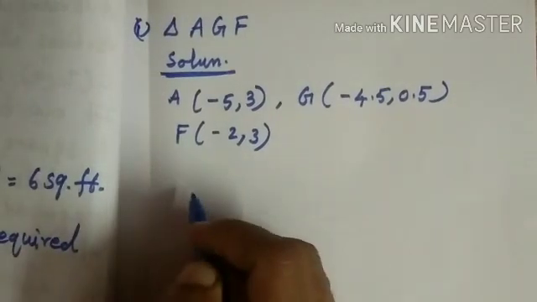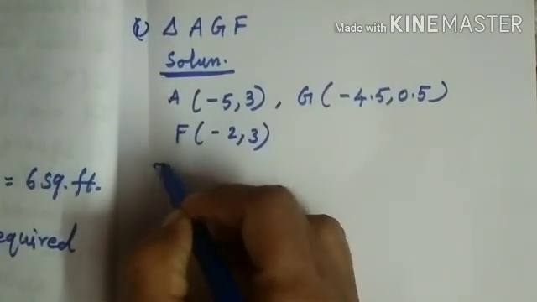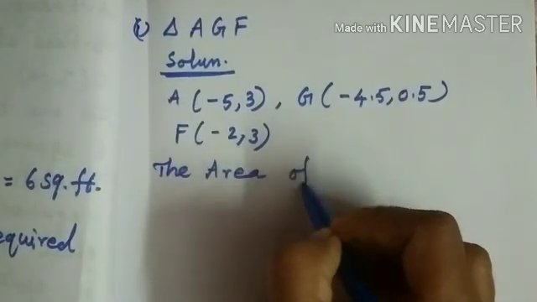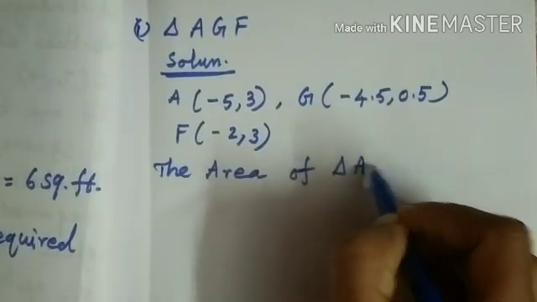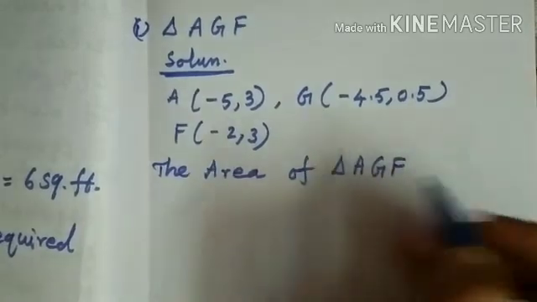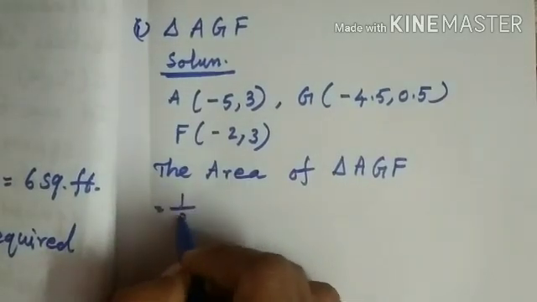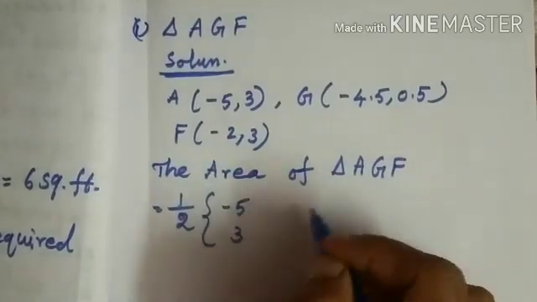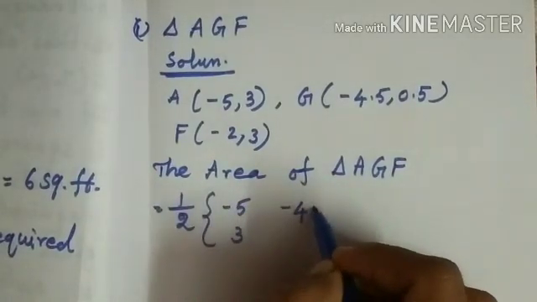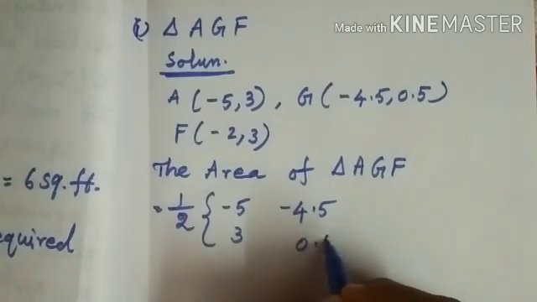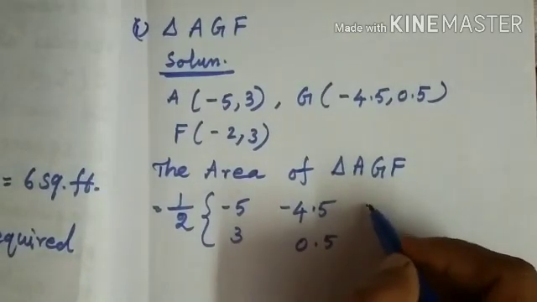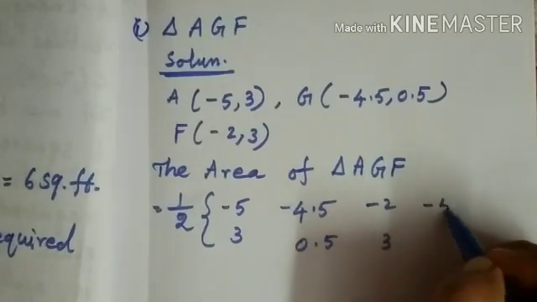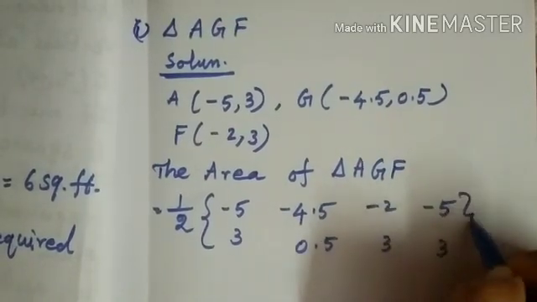Now, we have to find the area of triangle AGF, that is half into A(-5, 3), G(-4.5, 0.5), F(-2, 3), then again you write A(-5, 3).